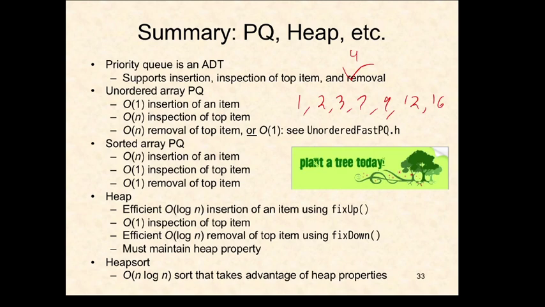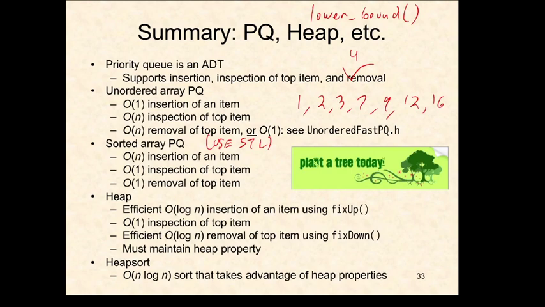Better yet, you can use the STL's lower underscore bound to tell you where it should be, and then you use the data vector's dot insert member function to put it there. The sorted PQ is all about using the STL. You want to make the STL do most of the work for you.